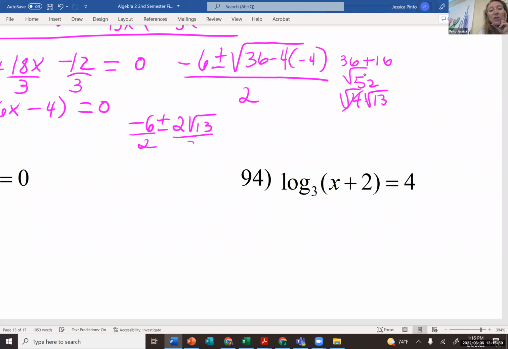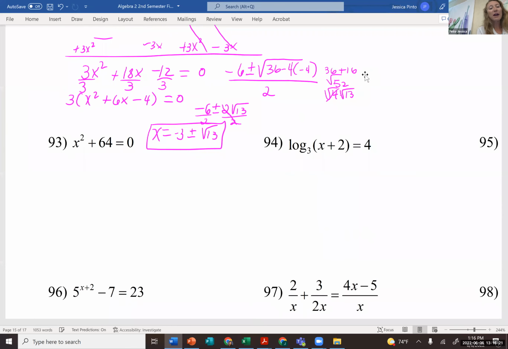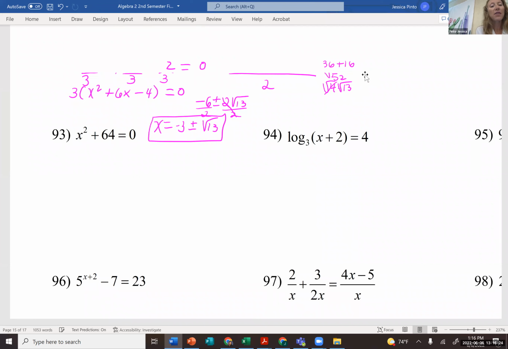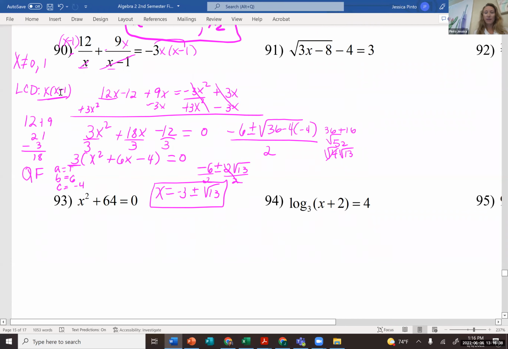So if I separate the 2 into both of those terms, it's going to let me divide those coefficients, giving me my final answer of x is equal to -3 plus or minus rad 13. You might be wondering, oh, what about the 3 out front? Well, that 3 didn't have an x in it, so this 3 here has nothing to do with the answer for x, fortunately. Dang, that problem really surprised me with all the extra work.